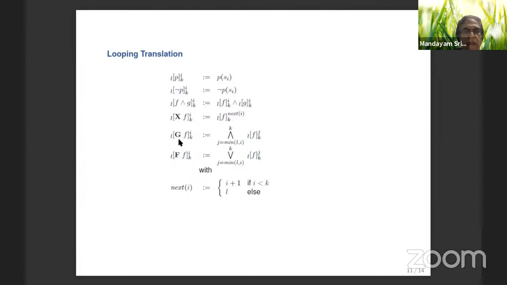So G of F from I to K. If I is beyond L, you take the minimum of L and I. So this is defined for the KL lassoing path, okay?